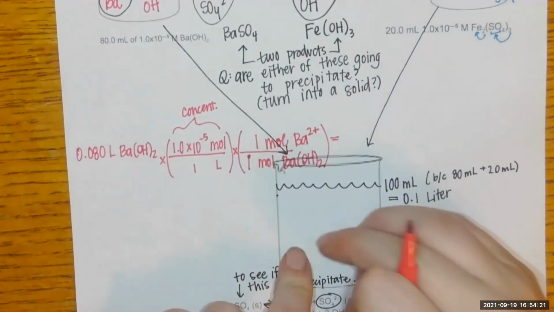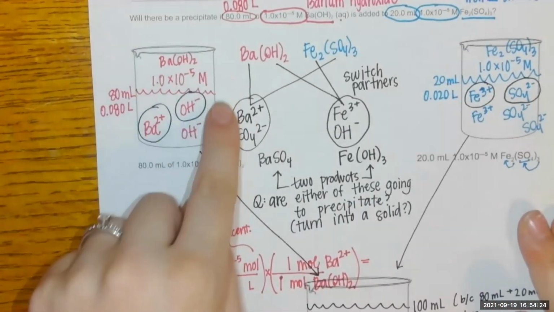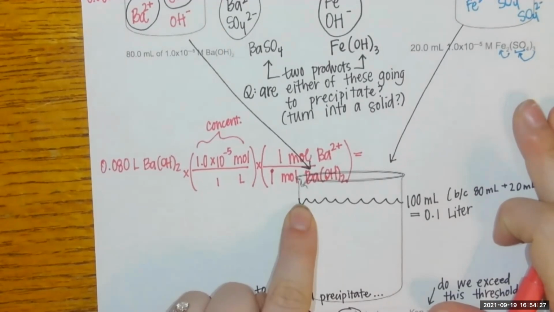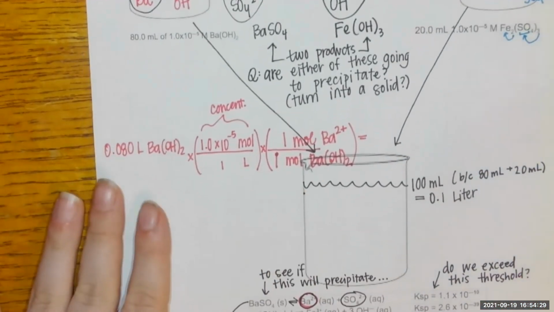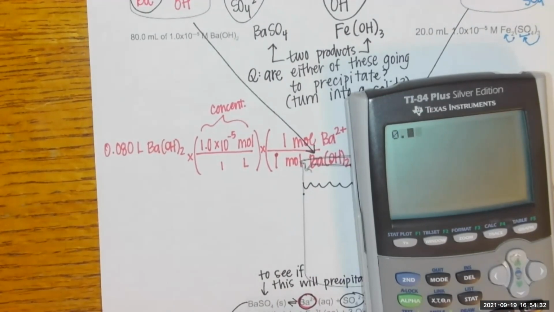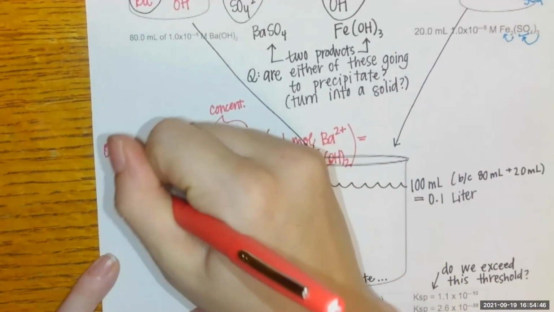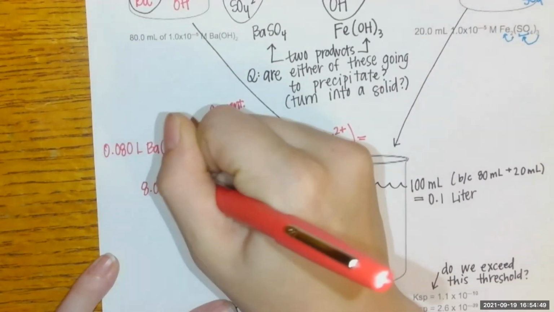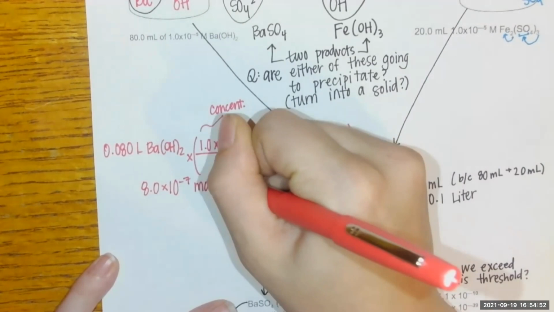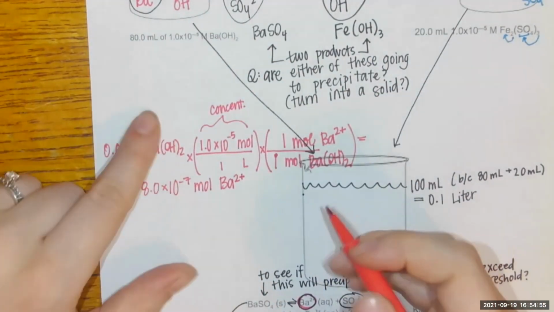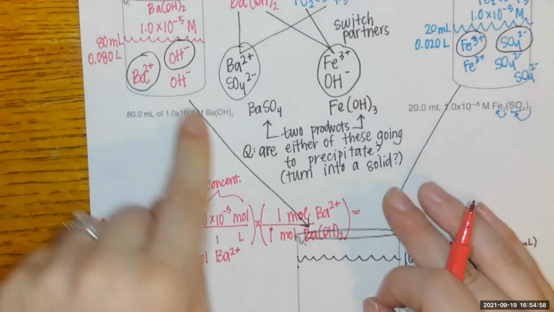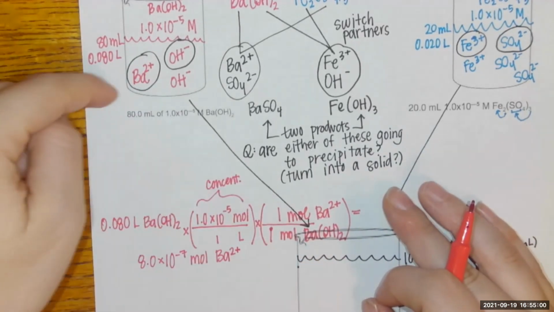So how much barium is in this beaker? Because the amount of barium that was in this beaker got poured into here. So let's math that. I'm getting 8.0 times 10 to the negative 7th moles. This is how many moles of the barium are going into this beaker from the OG beaker.